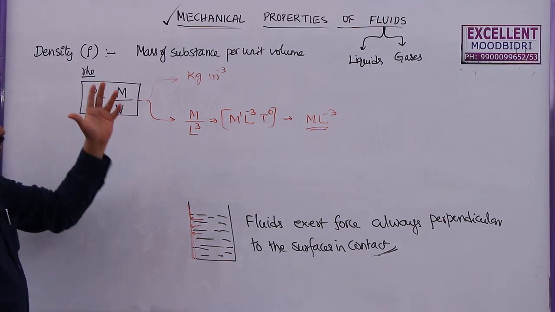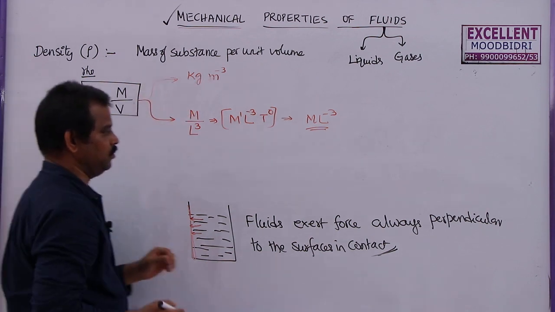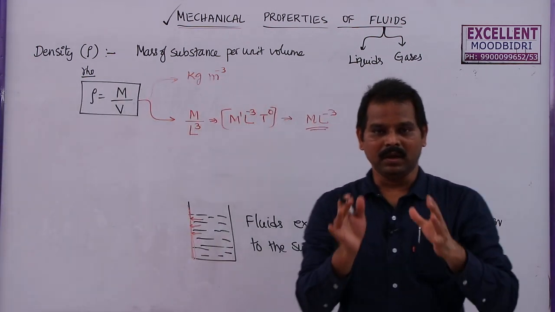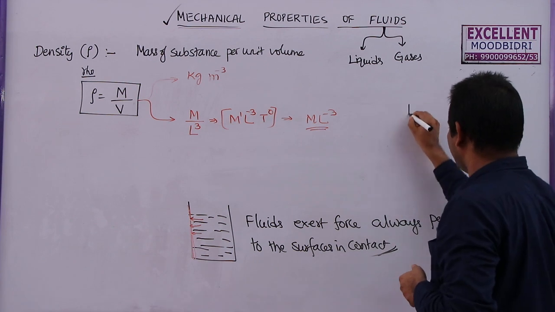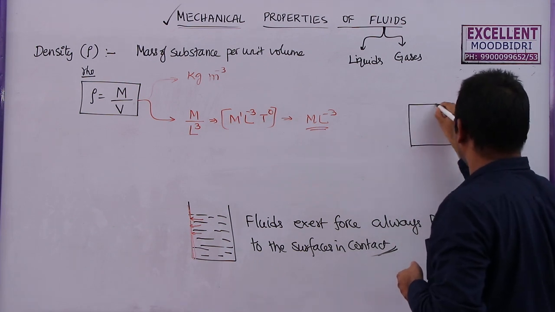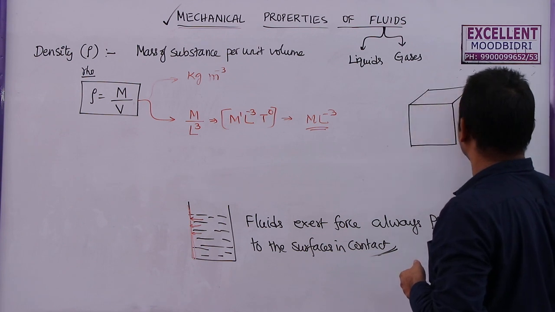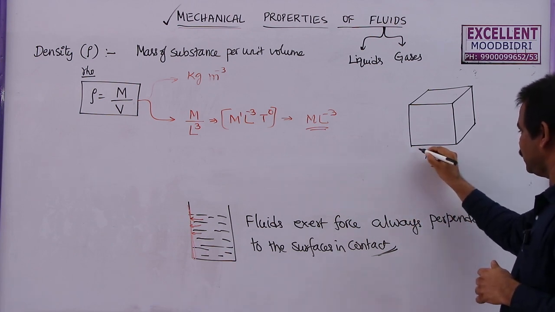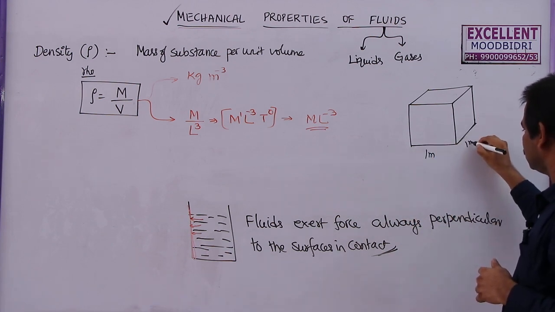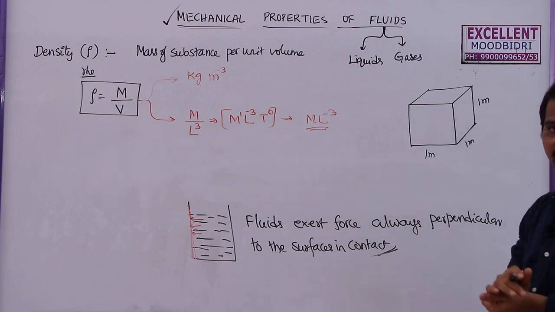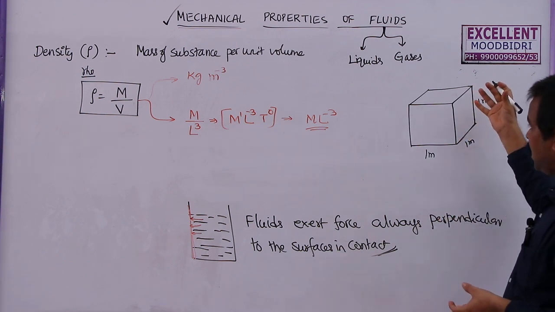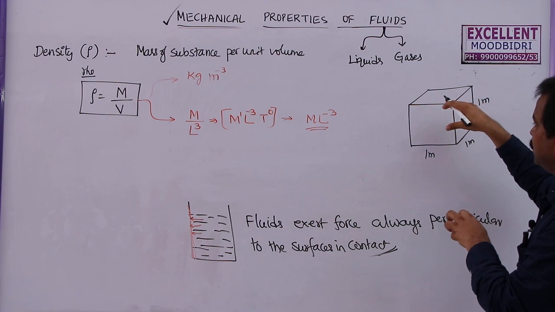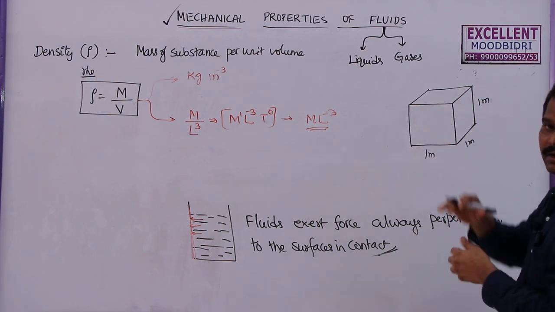Now what is this density? The mass present per unit volume. Suppose you construct a tank with these dimensions. The length of this tank is 1 meter, width is 1 meter, height is 1 meter. Now what quantity of mass of the substance can be filled in this tank?